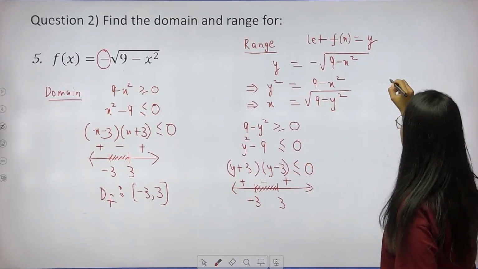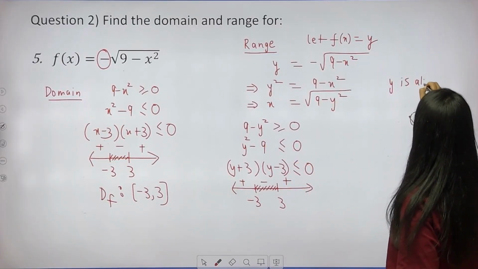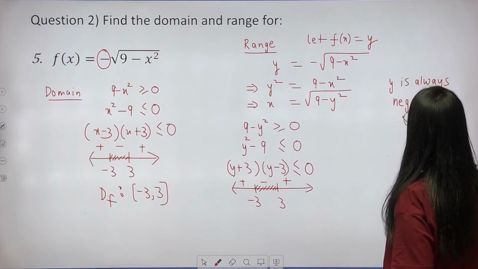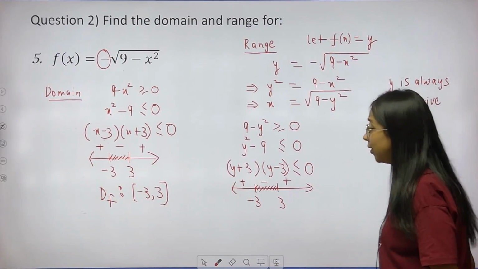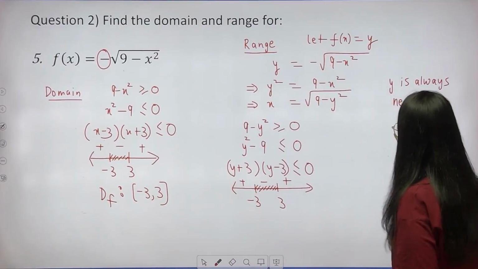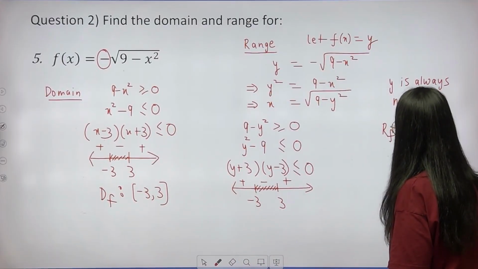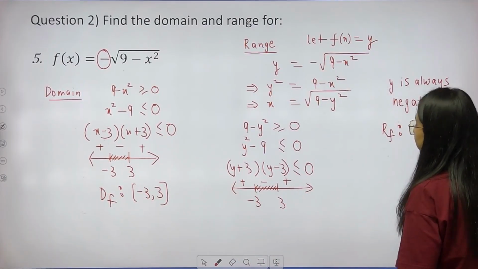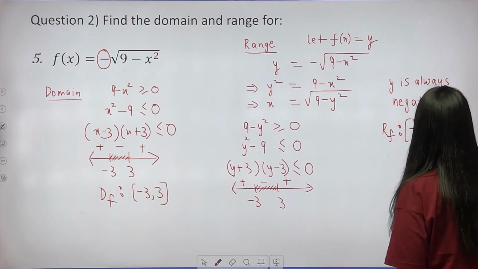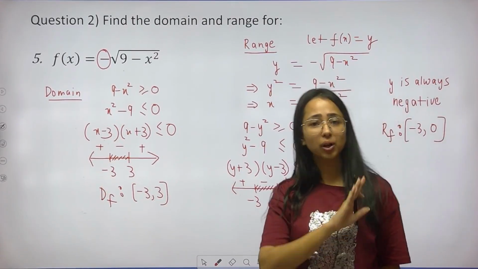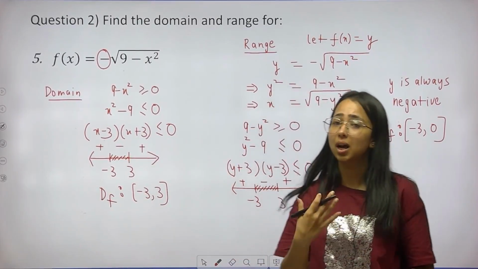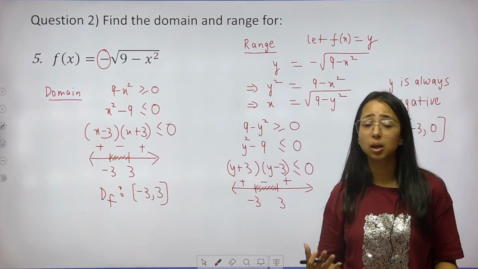So hence y is always a negative number. Y is always negative or the output is always negative. Therefore, the range will be equal to minus 3 to 0. No value we can take beyond 0, because after that it will be a positive number.